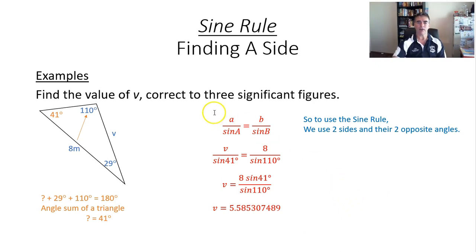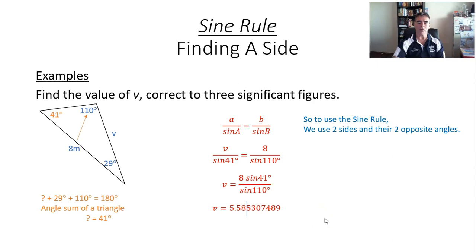And now we reread the question and we want it to three significant figures. In case you've forgotten how to do significant figures, I'll go through it anyway. From the first non-zero digit on the left, that's our first significant figure. If there were zeros in front, they're not significant. So it's only the first non-zero digit that's significant. So there's 1, 2, 3.